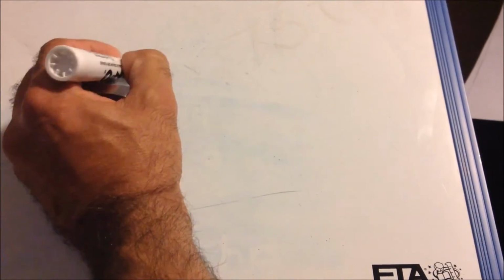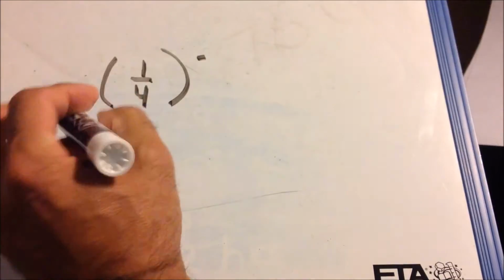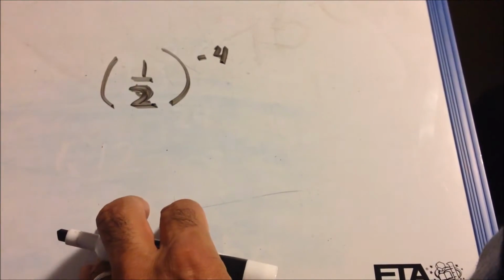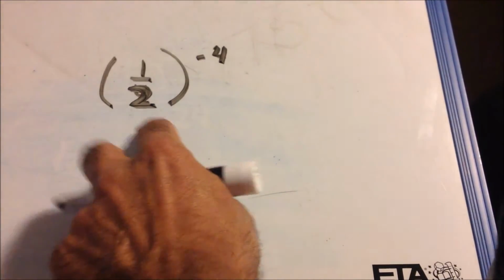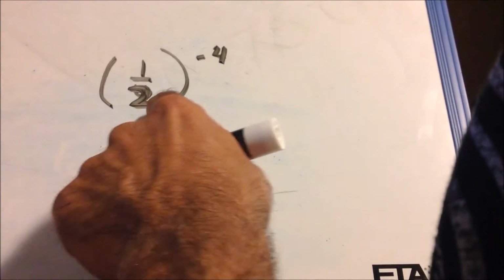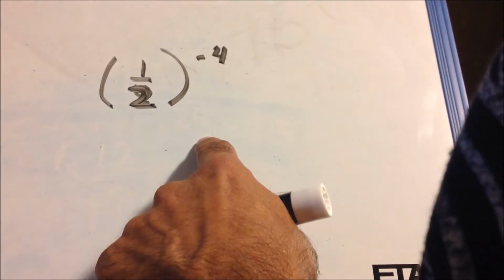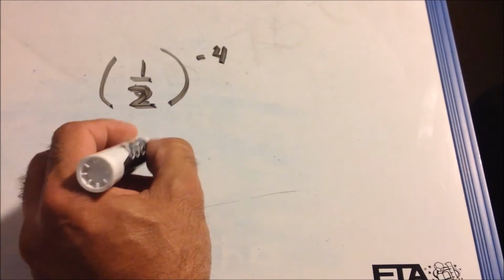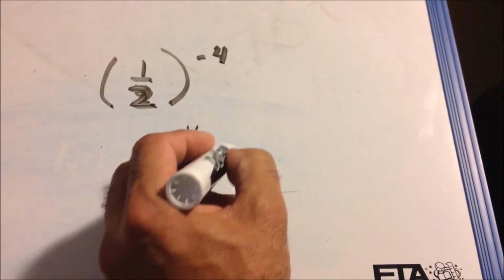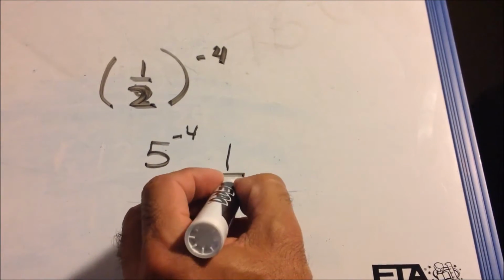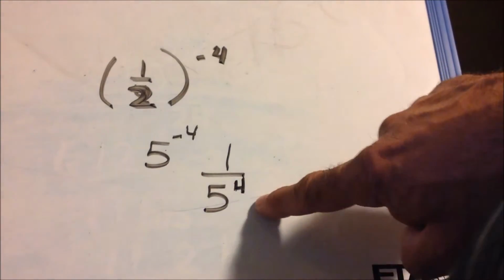When you see something like that, let's write it over here. 1/2 to the negative 4th power. So what we're doing here is the same thing as if we had negatives with an integer. We always turn a negative exponent into a fraction. For example, if I had 5 to the negative 4th power, we know it's 1/5 to the 4th. The base becomes the denominator, and we make the negative a positive in the denominator.